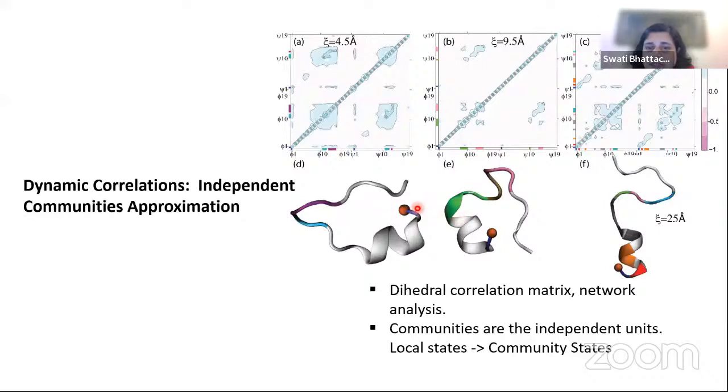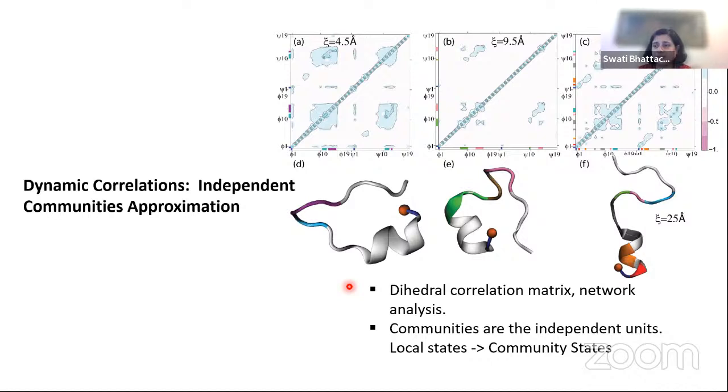So as you can see, here are the different communities from the various SMD calculations, or various stretching conditions. Now, interestingly, it turns out that many of these dihedrals do not seem to be correlated at all. And since I cannot come up with 20 different colors, I'm showing those uncorrelated dihedrals in white color.